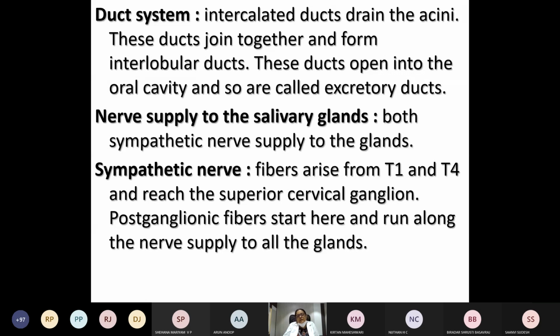Nerve supply to the salivary glands. Both sympathetic and parasympathetic nerve supply the glands. Sympathetic nerve fibers arise from T1 to T4 and reach the superior cervical ganglion.